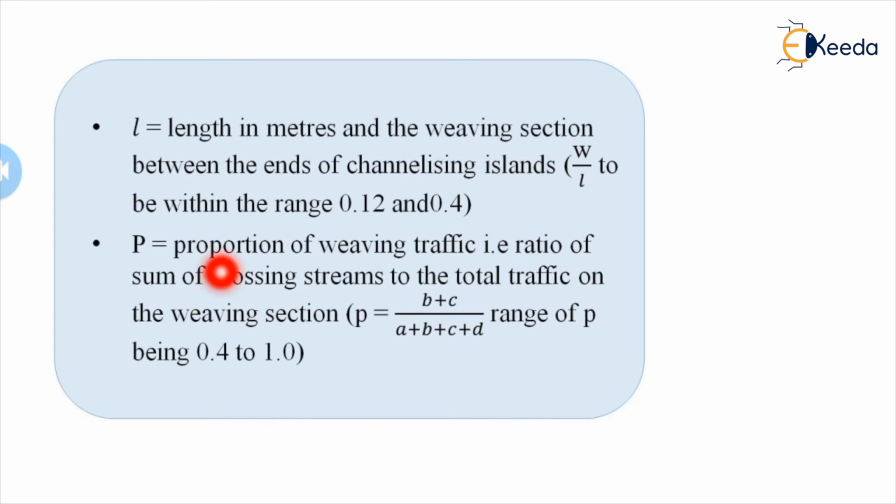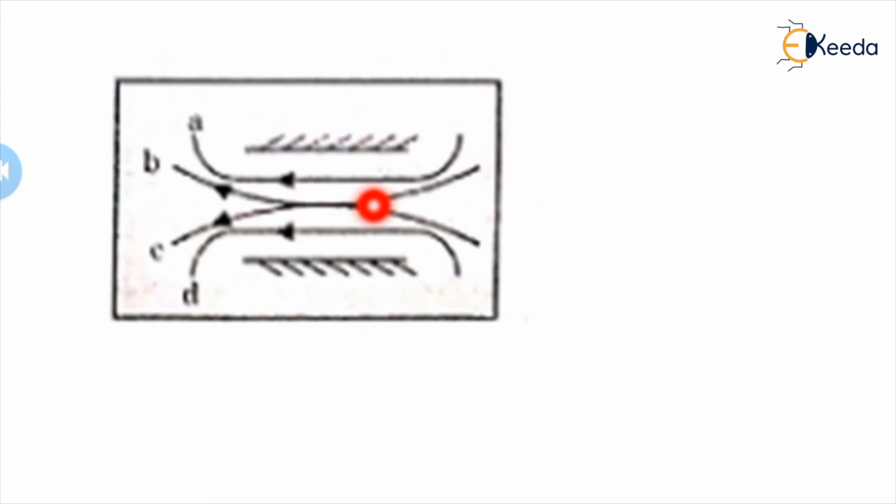And P is the proportion of the weaving traffic, that is the ratio of the crossing traffic upon the total traffic. P is equal to (B plus C) upon (A plus B plus C plus D). So what is this? Here A, B, C, D are the vehicles entering the intersection, and only B and C are crossing each other.